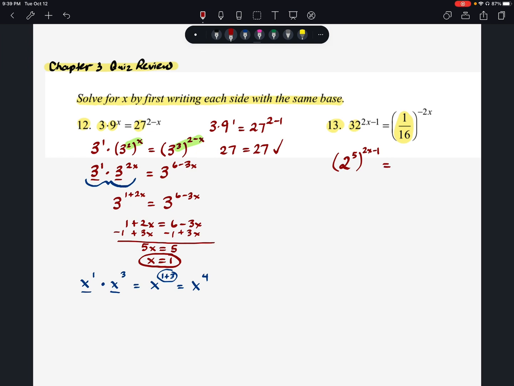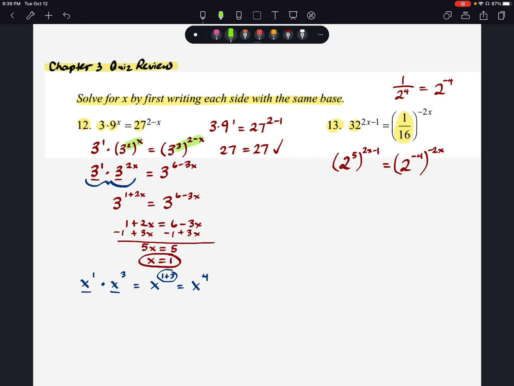And then if we think about 1/16, that's the same thing as 1 over 2 to the fourth, and then we could get it out of the denominator by moving it up here, making it a negative. So this is going to equal 2 to the negative fourth power raised to the negative 2x power.